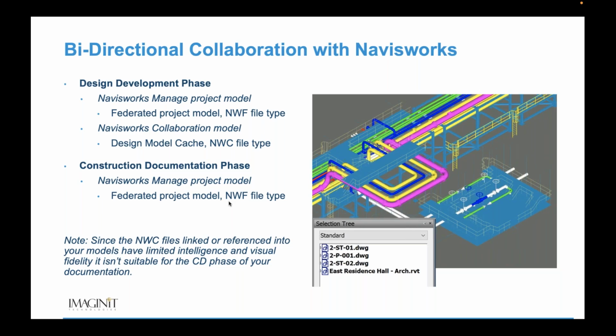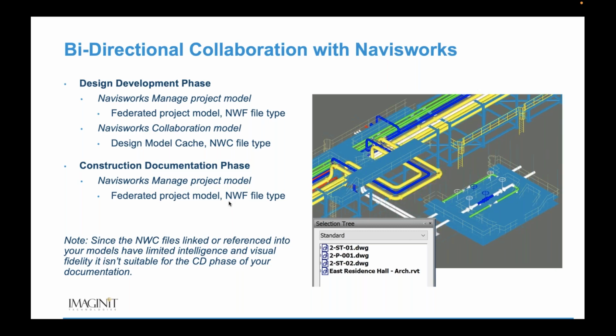The imagery that I have here is meant to illustrate the relationship of your NWC files, the coordination model, as Autodesk is calling it, to the ability to see that information both in the Navisworks environment, as well as if you're using that NWC file as a link into your actual design software.